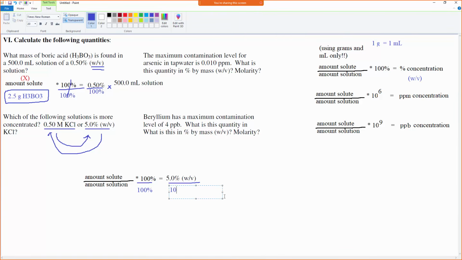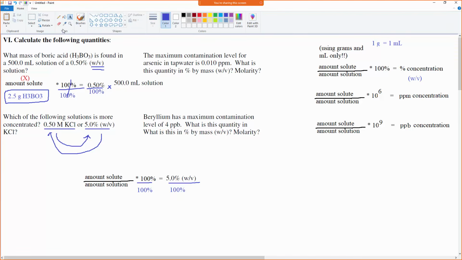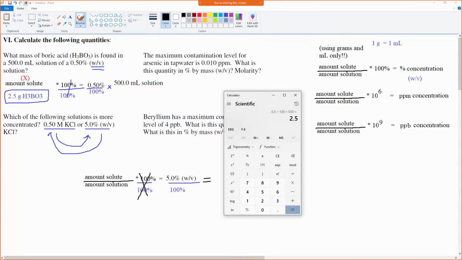Divide that by 100%. And these cancel. So the amount of solute divided by the amount of solution is 5 divided by 100, which is 0.05.